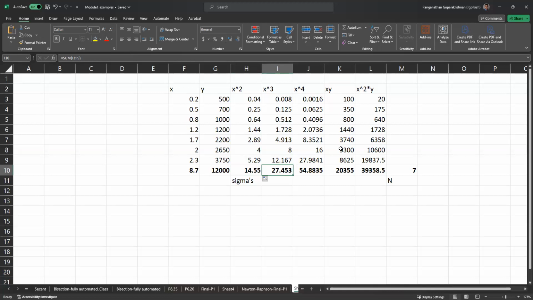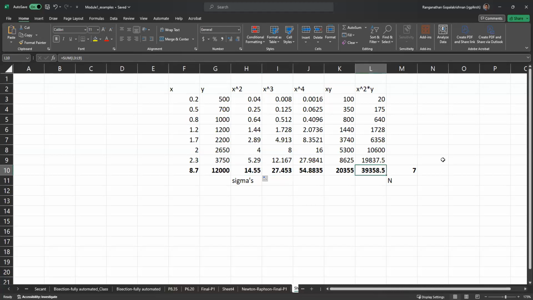Third equation: sigma x squared yi equal to a naught sigma xi squared plus a1 sigma xi cubed plus a2 sigma xi to the fourth. What is x squared y?